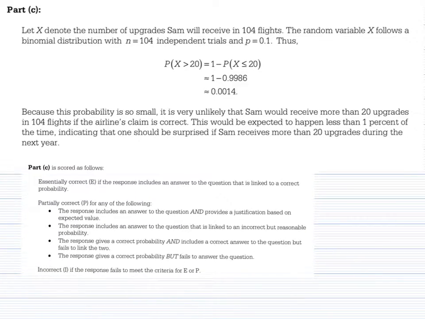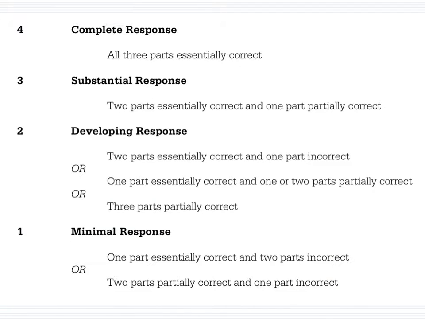I don't know if any of that helped you at all, because I feel like all the screw-ups that I usually make during class are going unexplained and unpointed out. But anyhow, next up, go ahead and work on the scoring guidelines, scoring overall. All 3 parts essentially correct for a 4, so on and so forth.